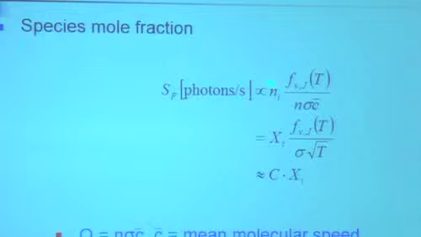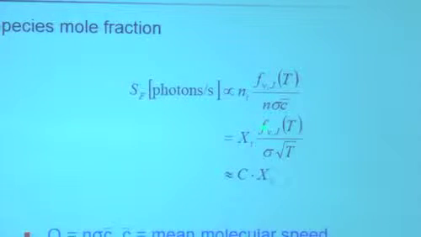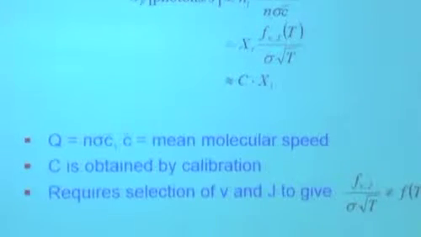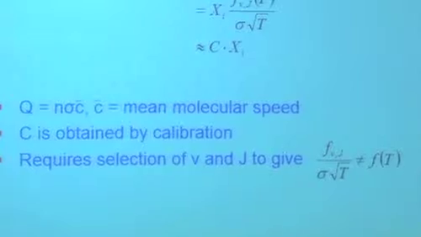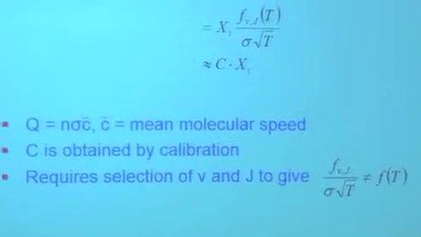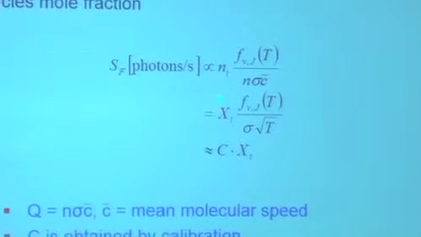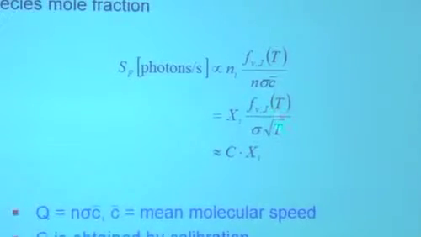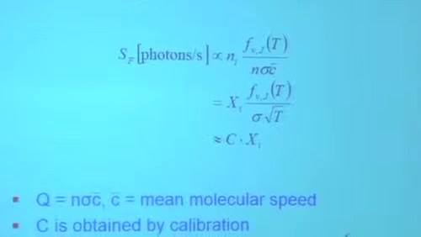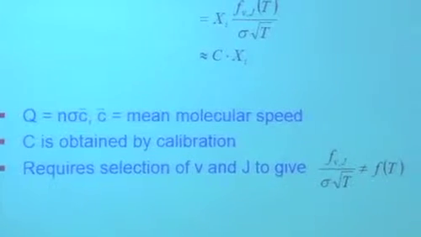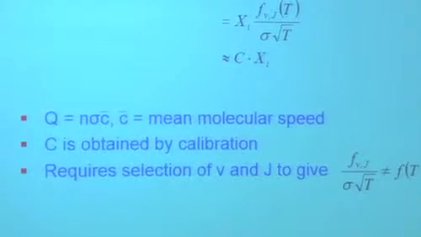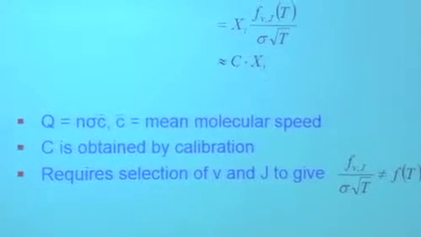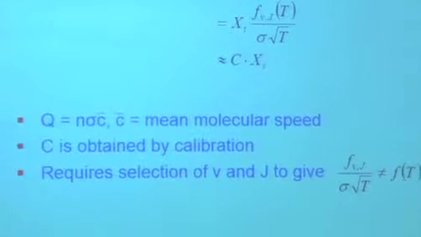This is Ni over N. Mole fraction of the species times F, Boltzmann fraction, of T over root T. So if you have seeded the flow with a fixed mole fraction, you can use this to determine T. Or if you pick a Boltzmann fraction that scales as the square root of T, then your image is directly proportional to the mole fraction. There's like two clever strategies. So those are tricks that you can use. They're not perfect tricks, but they're pretty good tricks.